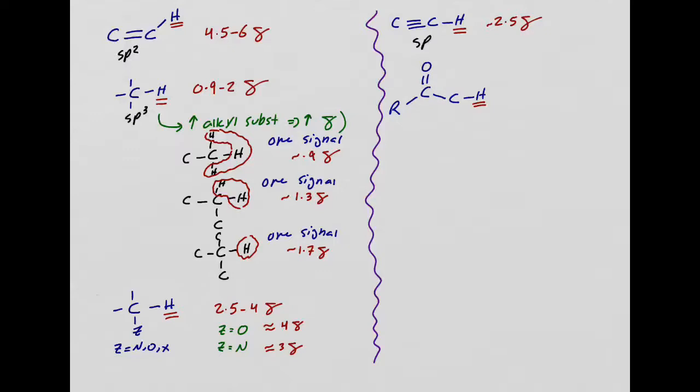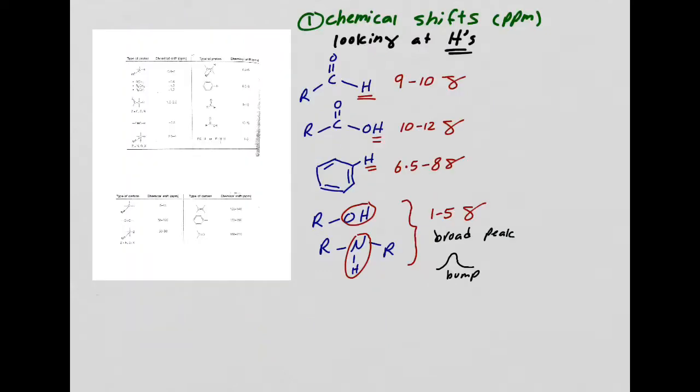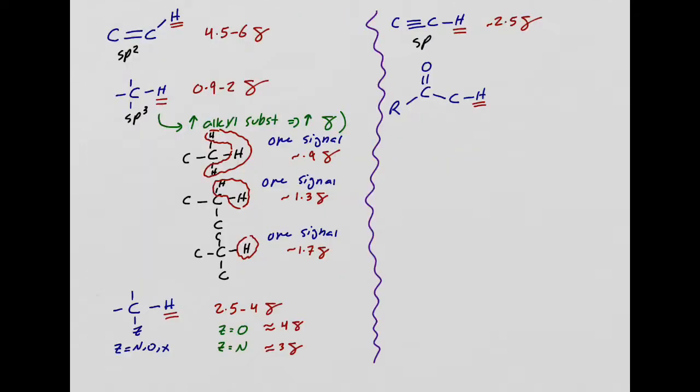Now, before you get confused, remember, if the hydrogen was directly attached to a carbonyl, that would be an aldehyde, and this is a chemical shift. If the hydrogen was attached to an oxygen that was attached to a carbonyl group, so it was a carboxylic acid, this was a chemical shift. Now what we're talking about, what if the hydrogen is attached to a carbon and the carbon is attached to a carbonyl? What would happen?